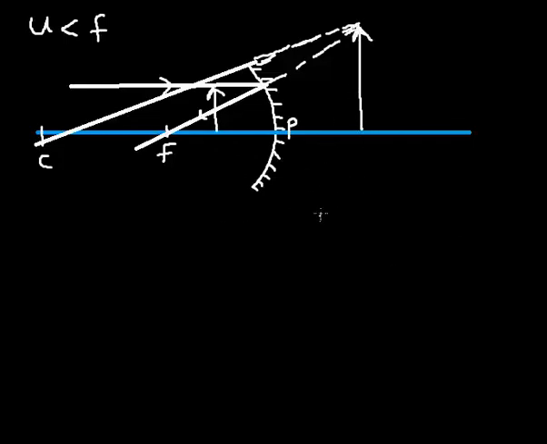As you can see now, the characteristics of the image: the image is erect. So when I have my object placed between the pole and the principal focus, the image that is formed is erect.